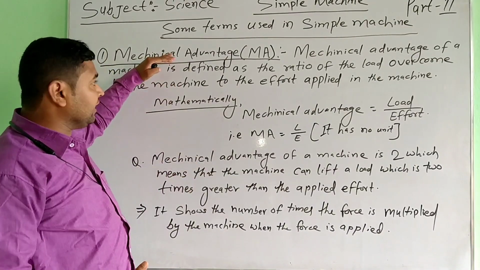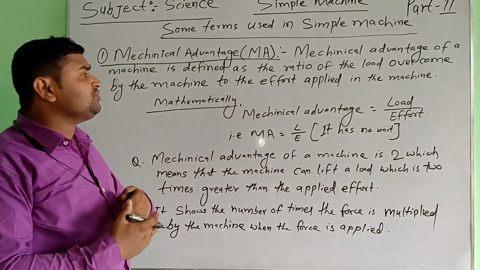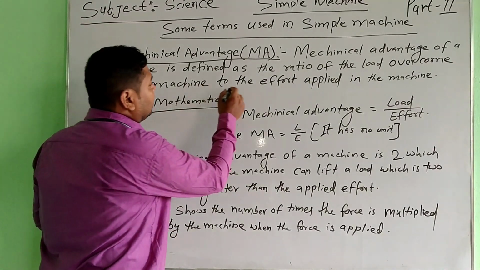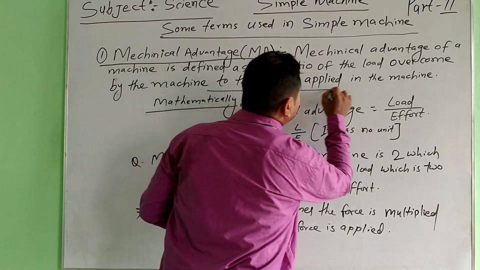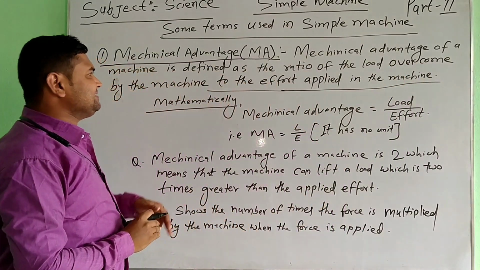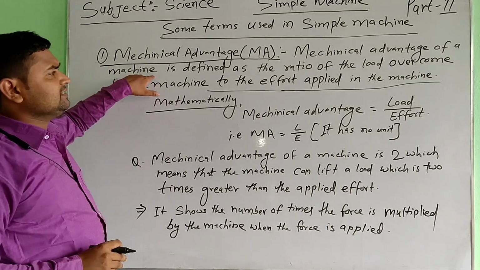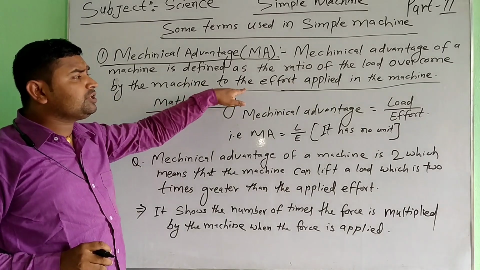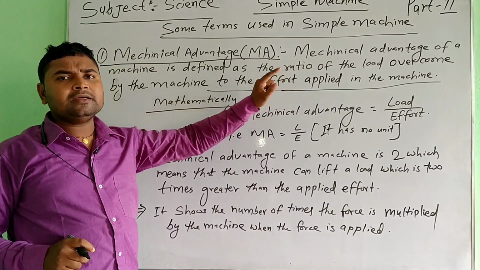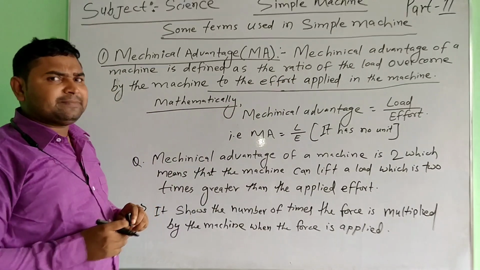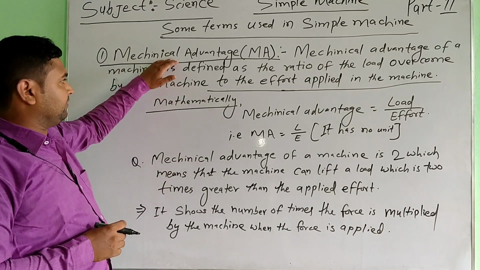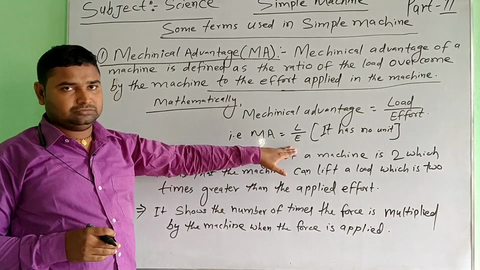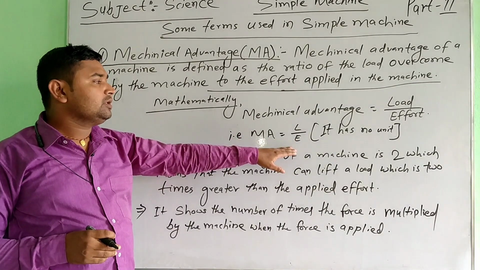MA can also be defined as the ratio of the load overcome by the machine to the effort applied in the machine. Mathematically, we can calculate the mechanical advantage as load by effort.